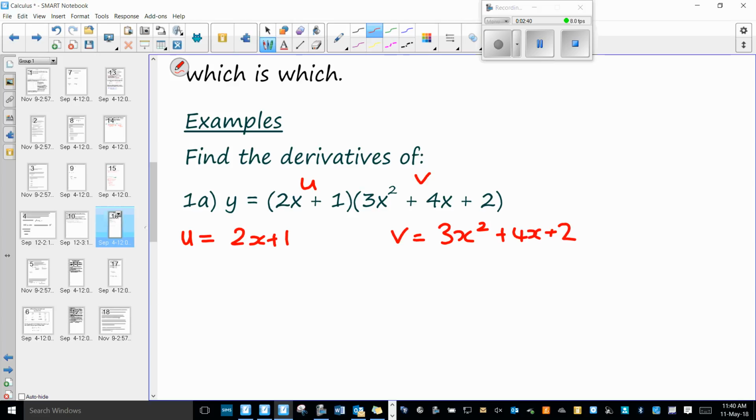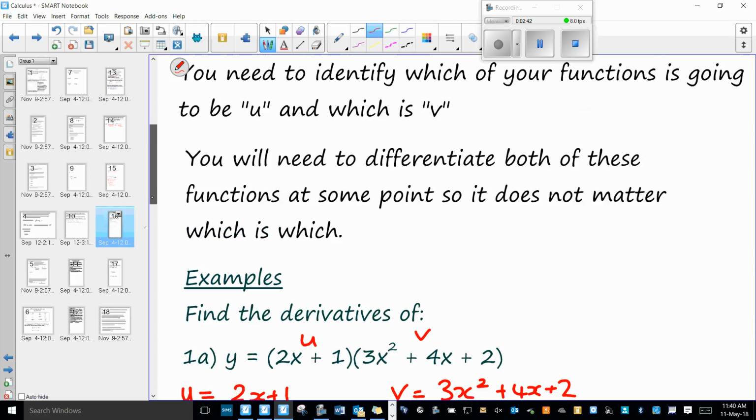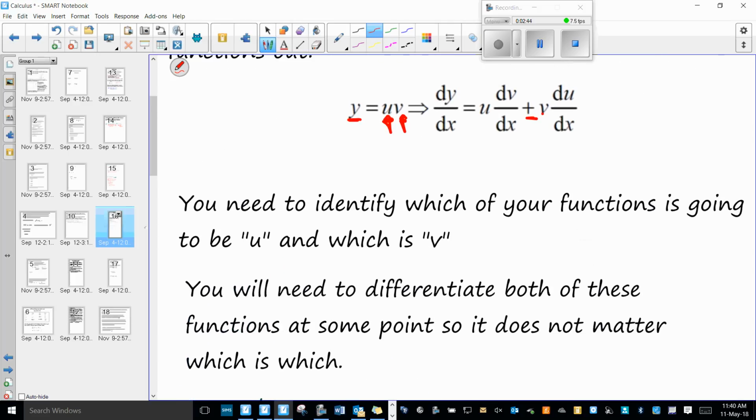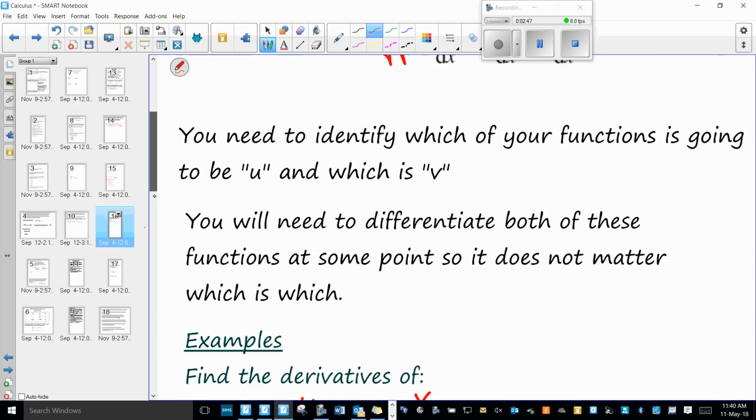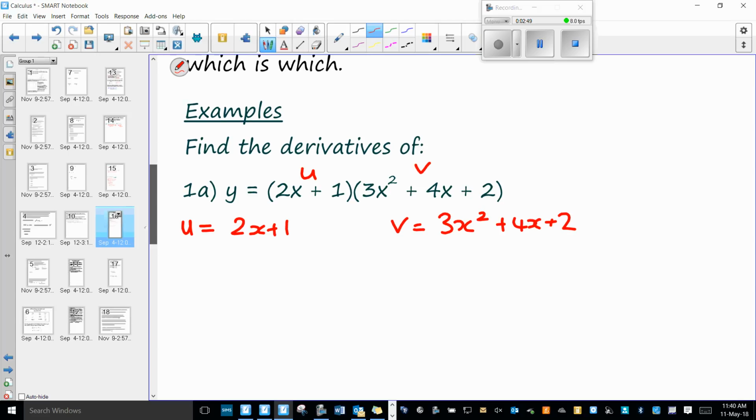Now you'll notice in the formula that it's got dv dx and du dx, which tells me that I have to now differentiate those. I have to find du dx and dv dx. So du dx is going to be here, because this was my expression for u. Du dx is 2. dv dx. Oh, okay. dx here just indicates that you are differentiating with respect to x.